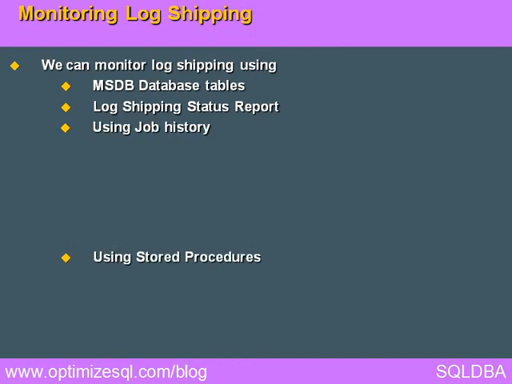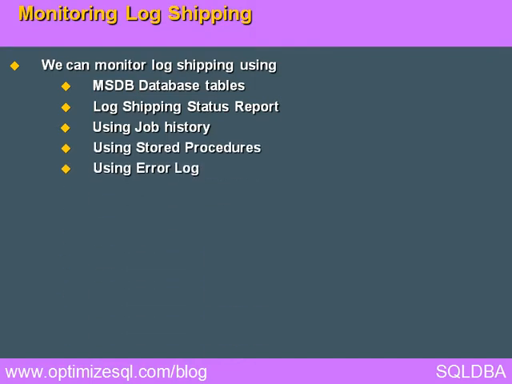Then we can use stored procedures in the MSDB database, and also the error log. If any job fails, backup, copy or restore, it will write the information in the error log. From there also we can check. But the best practice is to use the MSDB tables and the first three options, which we use regularly.